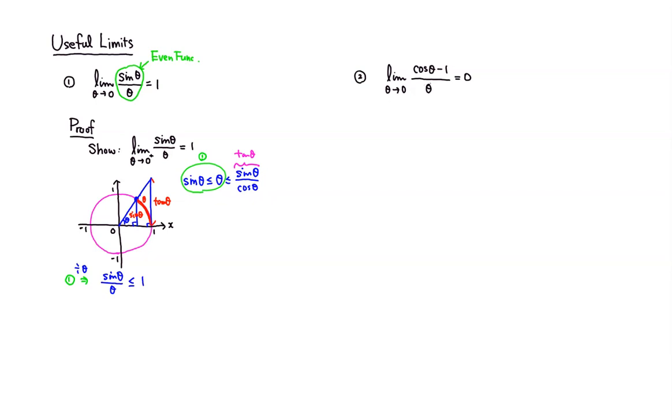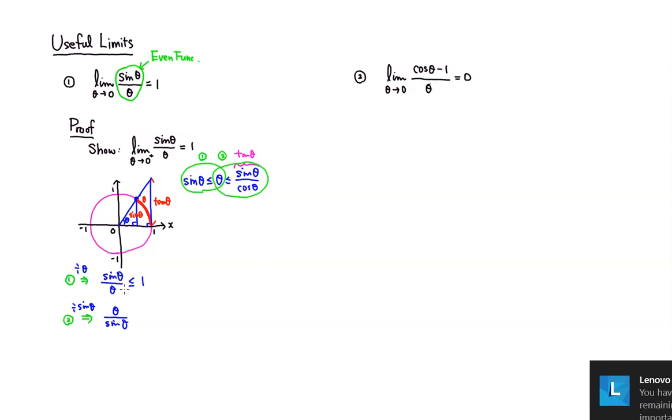Now let's look at the second inequality. Take the second inequality, and I'm going to divide by sine of theta. So theta divided by sine of theta is less than or equal to 1 over cosine of theta.